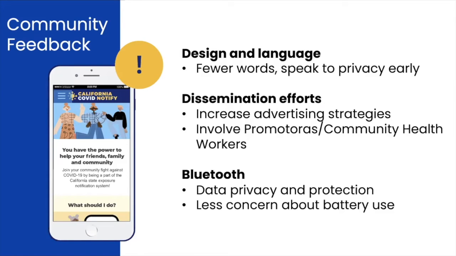So we took this information and we went back to our design team working with Google and Apple to identify how can we convey this information about Bluetooth. And there were a lot of different things that the community shared with us that we immediately started to implement into the communication of CA Notify. Next slide, please.